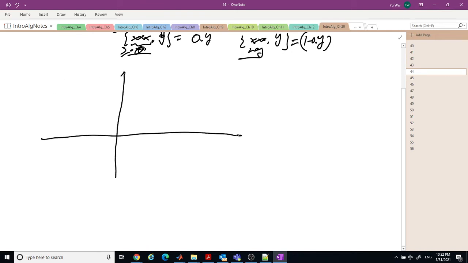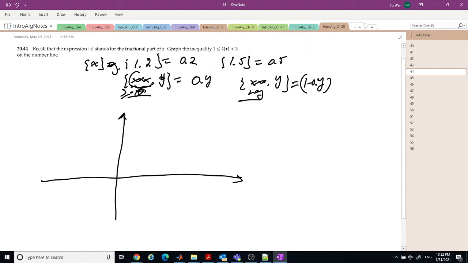You can see this is repeating, because it doesn't relate to the integer. So let's see from 0 to 1, the 4 times x. When it goes to 1, it becomes 0 again.